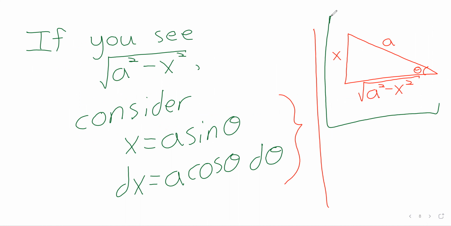So this is why I said that we should have a picture like that in our mind. Because if we have a picture like this, the cosine of theta is the adjacent side over the hypotenuse. If we have this picture, we can use right triangle trigonometry.